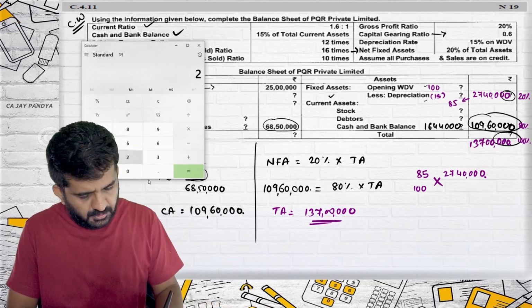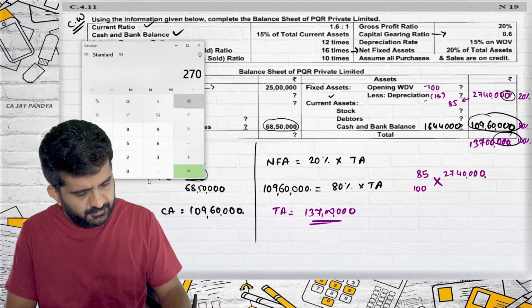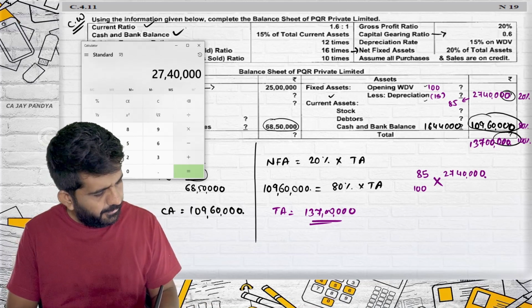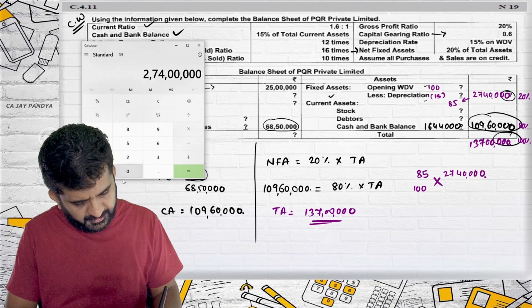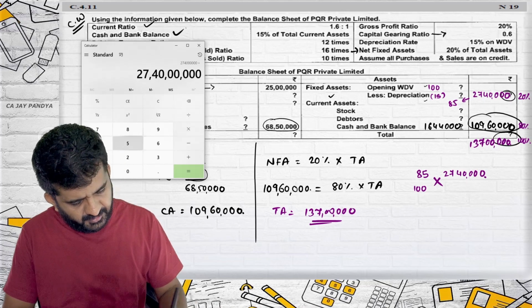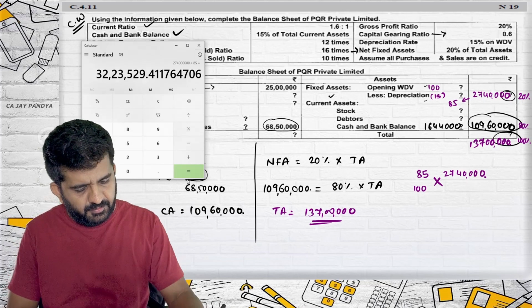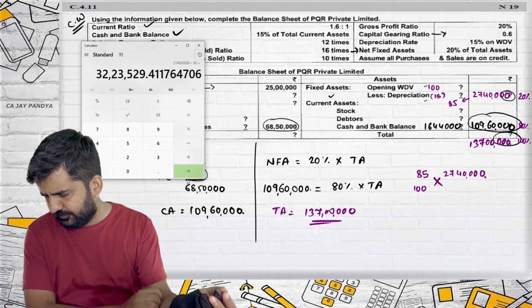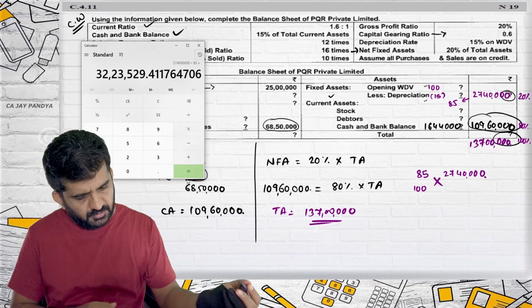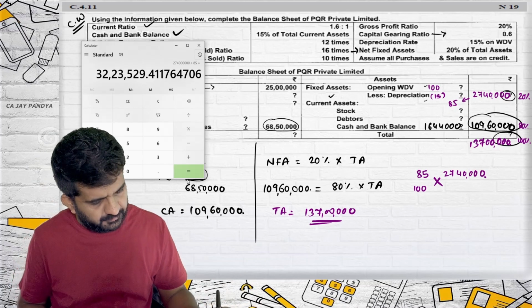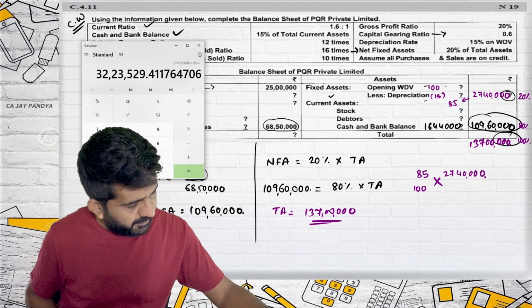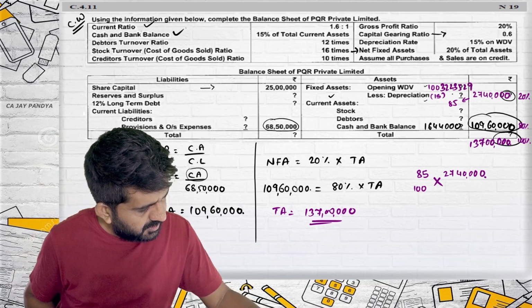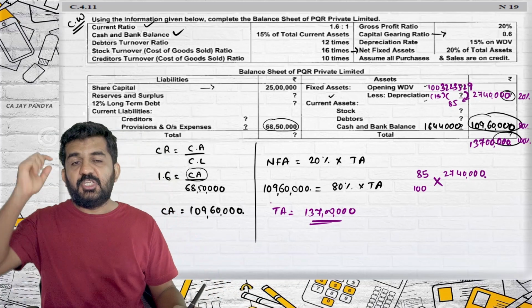Answer will be 27 lakh 40,000 multiplied by 100 divided by 85. It is 32,23,529. I hope you can find out the depreciation answer easily.